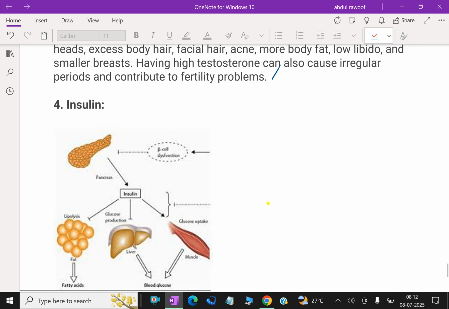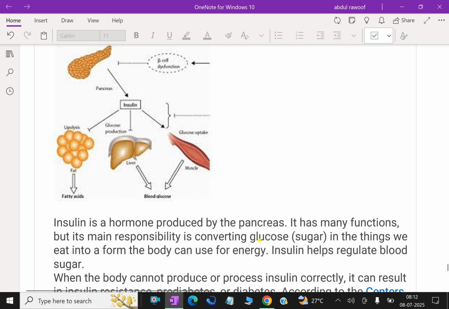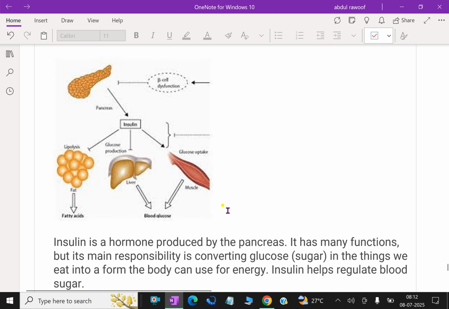Insulin. Insulin is a hormone produced by the pancreas.